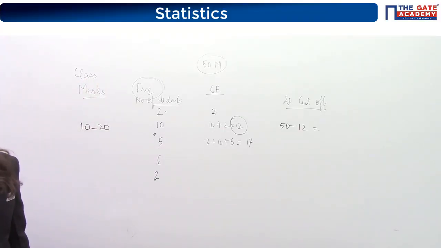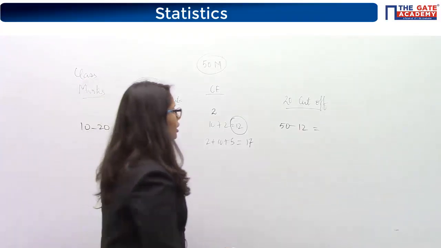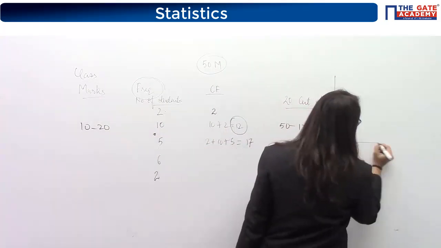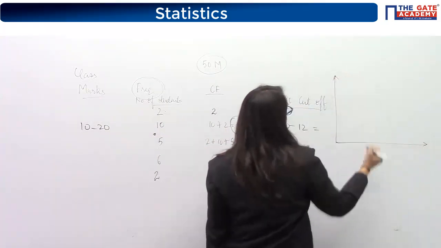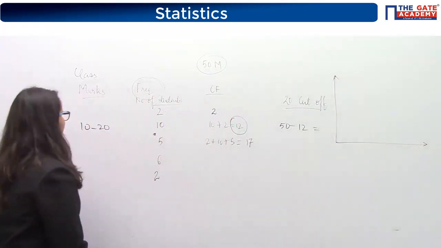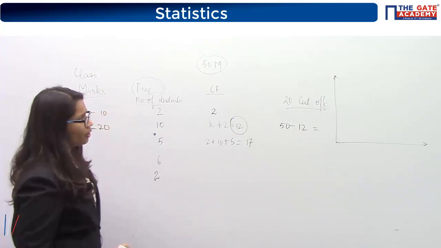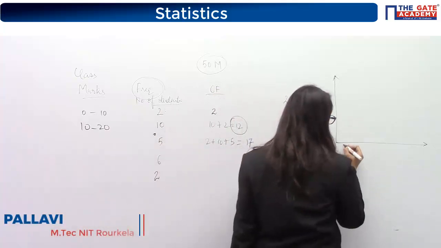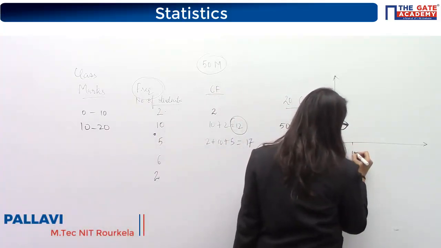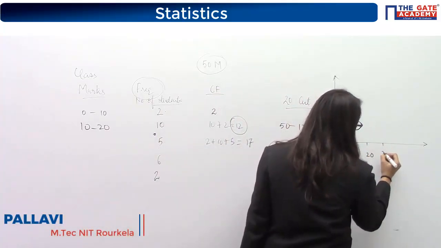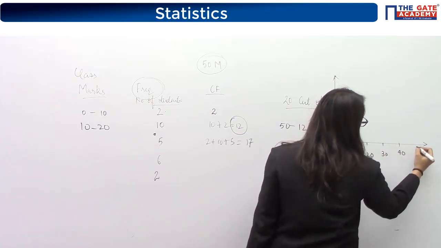Now again, this is the tabular format. I can write this data into graphical format also, and because this is classified data in which I have classes like 0 to 10, 10 to 20 and so on, I can draw a graph something like this. No need to write it down.